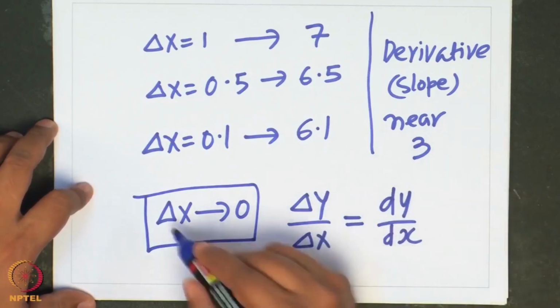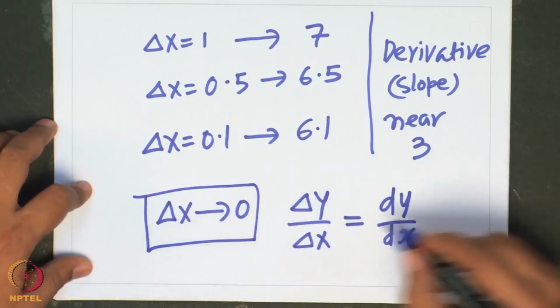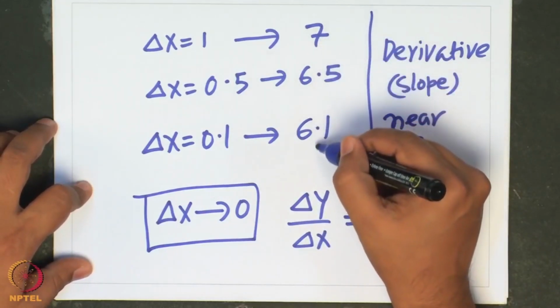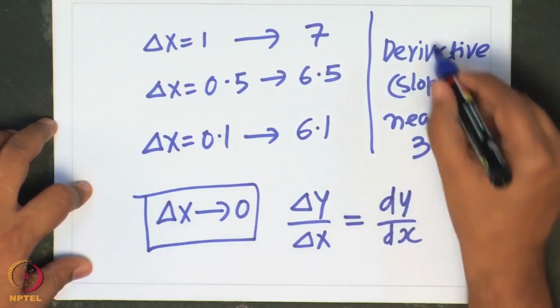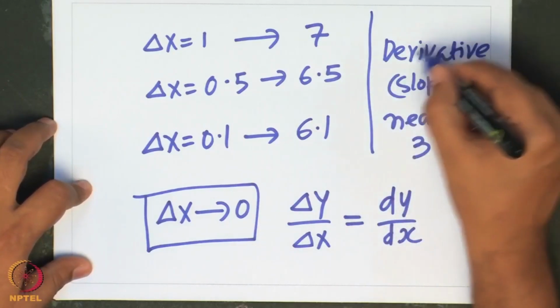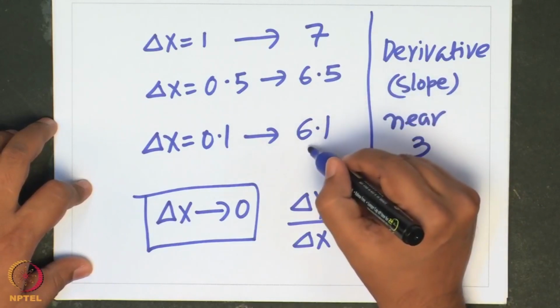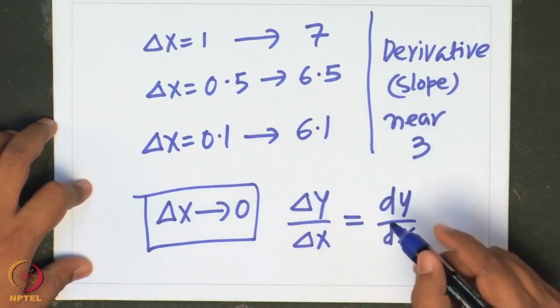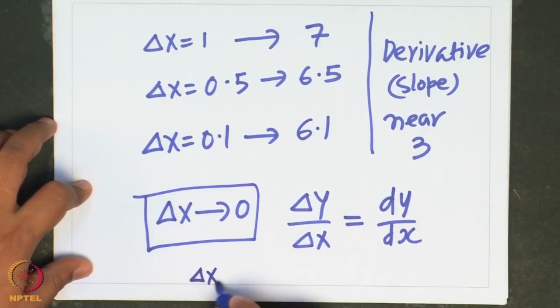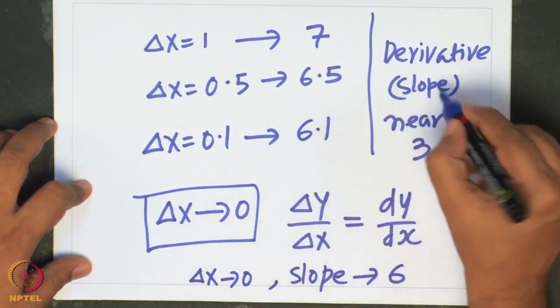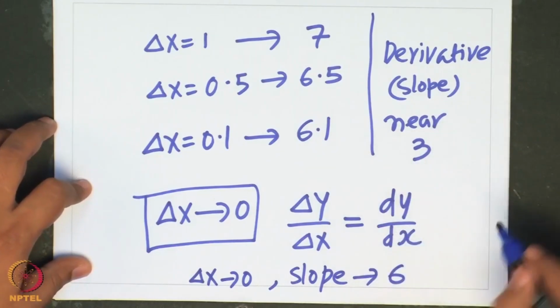It turns out that near 3, as you calculate with smaller and smaller delta x, the slope comes closer and closer to 6. So as delta x goes to 0, the slope near 3 goes to 6.